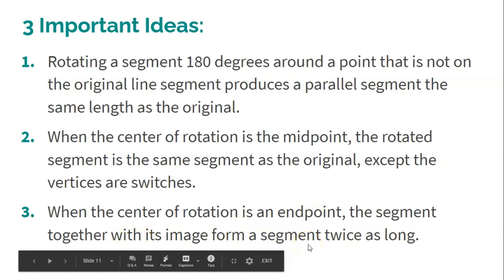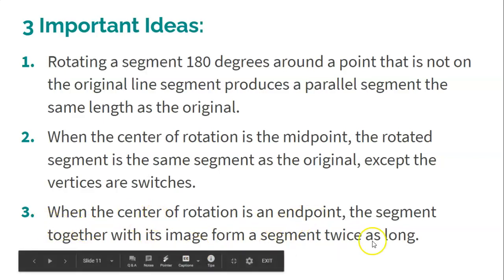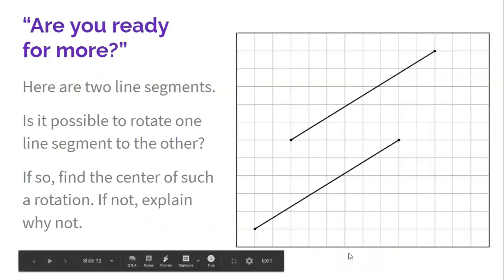That's just like when we did number 1 in our book. Remember when we drew the line segment out and we labeled it A, it was twice as long as it was to start with. Okay? We're not going to do, are you ready for more? But if you would, go ahead to your book and you can start on your next activity.